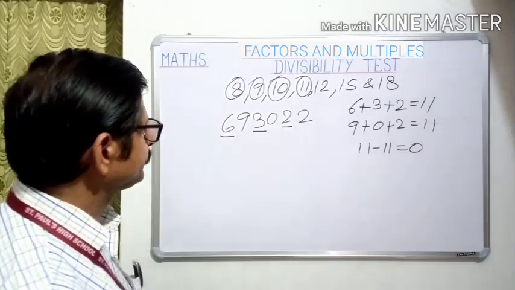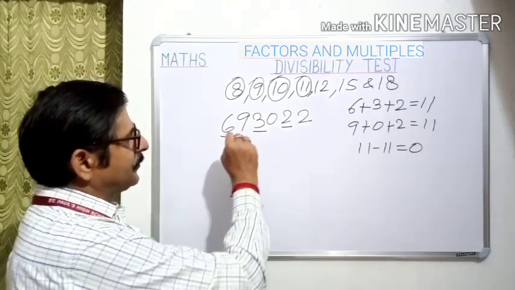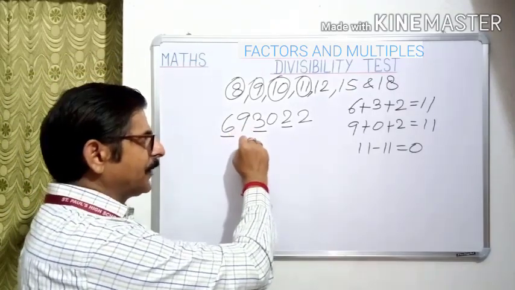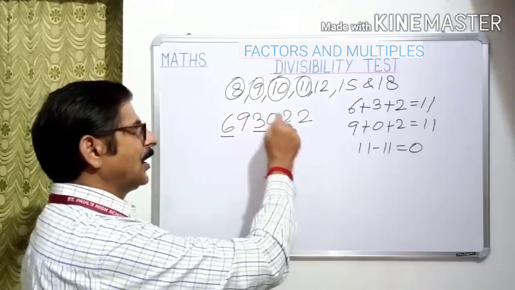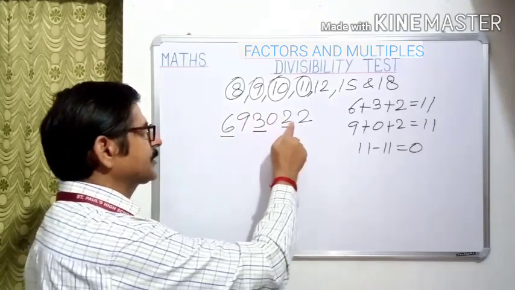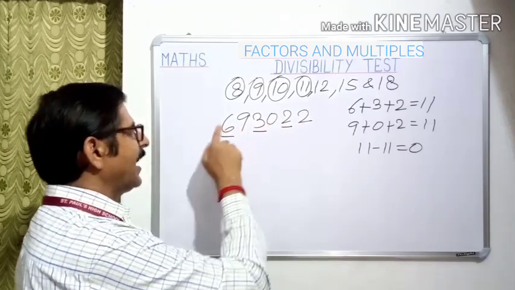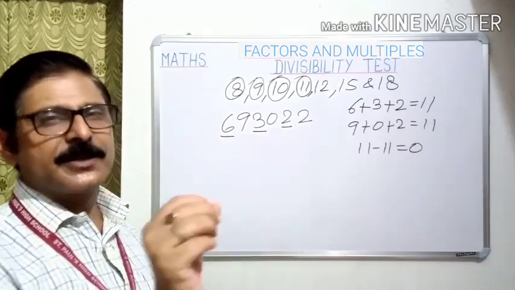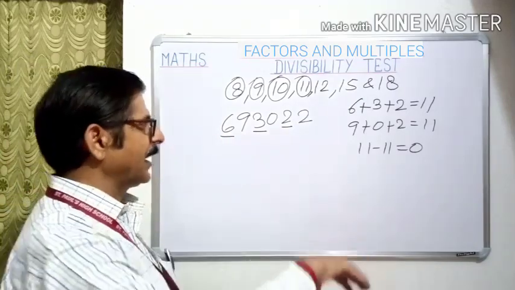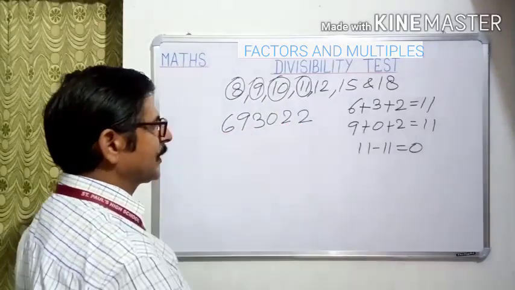We will check it. Let me repeat the rule. A number is divisible by 11 if the difference of the sums of the digits at its odd places and its even places is either 0 or divisible by 11. Now, let us check it by actual division.